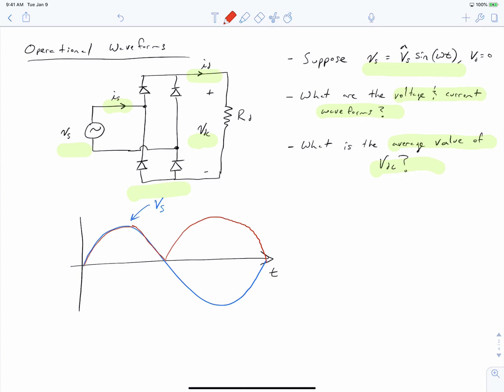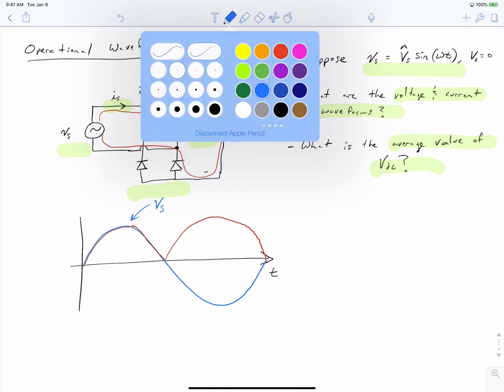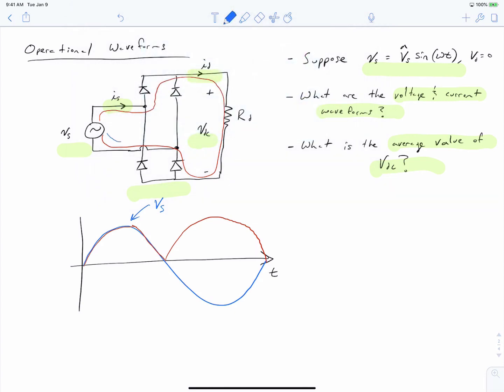When Vs is positive, we have a current that takes this path. When Vs is negative, we have a current that takes this path. So we can see from this, if we put arrows on this, that regardless of the sign of Vs, Id is always positive, and regardless of the sign of Vs, VDC is always positive.